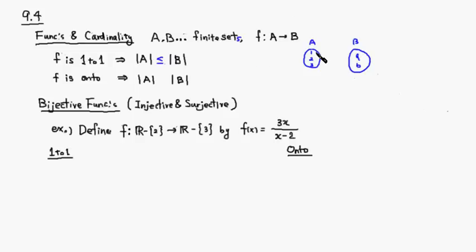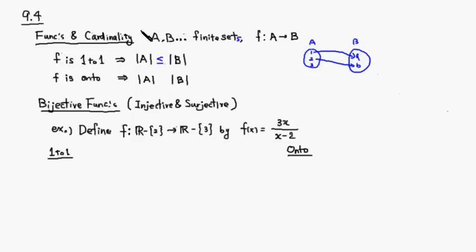Let's say 1 is mapped to A. Since it's 1 to 1, 2 cannot be mapped to A, so 2 has to be mapped to B. Since it's 1 to 1, 3 cannot be mapped to A, and 3 cannot be mapped to B, but there's nothing else. So you can see that we cannot make a function. That's why the cardinality of B must be at least as big as the cardinality of A.